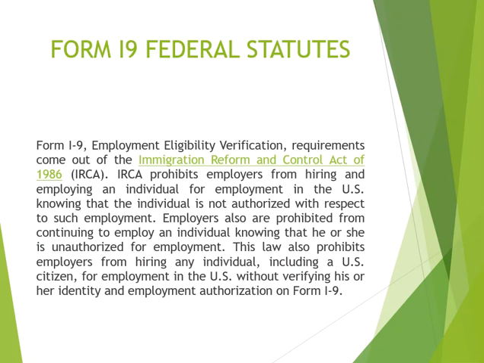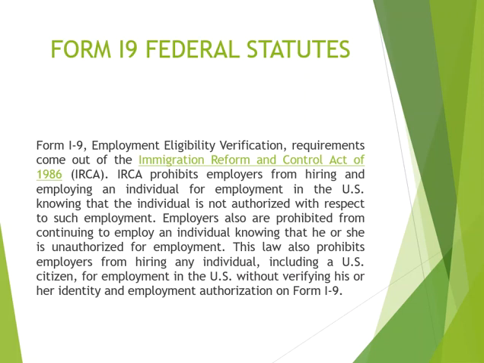The Form I-9 Employment Eligibility Verification requirements came out of the Immigration Reform and Control Act of 1986, called the IRCA. IRCA prohibits employers from hiring and employing an individual for employment in the U.S. knowing that the individual is not authorized with respect to such employment.